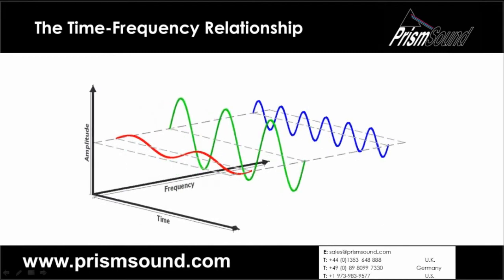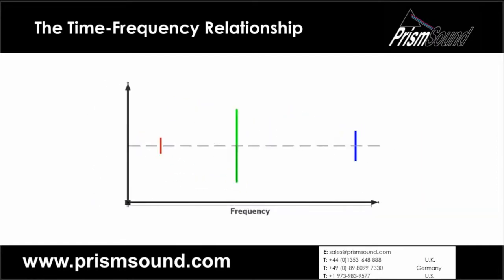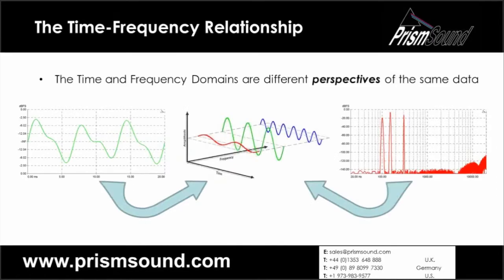If we then rotated our view so that we looked into the frequency axis, you'd get something similar to what we've got on screen now, which, if you're familiar with an FFT, will be fairly familiar, where you've got individual spikes at your specific frequencies. So what we can say is that the time and frequency domains are different perspectives, different ways to look at the same data, and you don't lose information going between the two. It's just a different way of looking at your information.